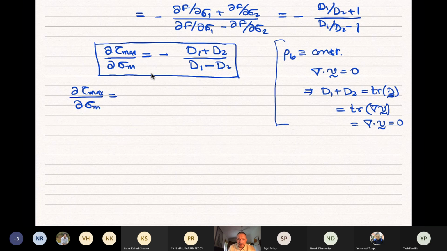This just turns out to be sigma c sine beta into n minus n into alpha raised to the power of 1 upon n minus 1.